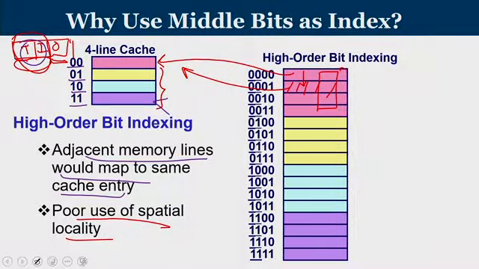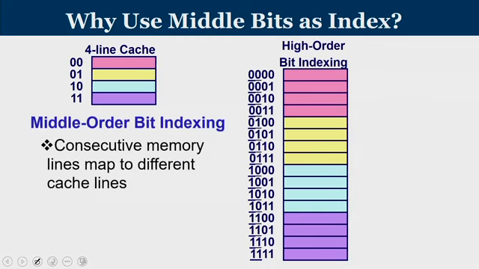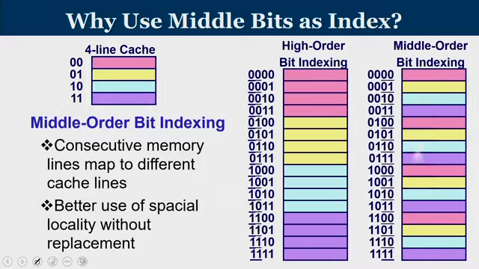The entire pink region will occupy one place in the cache, one at a time. The entire yellow region will also occupy only one place in the cache. If you use lower order bits, that is the middle order bits, for indexing, then it is a better usage of spatial locality.